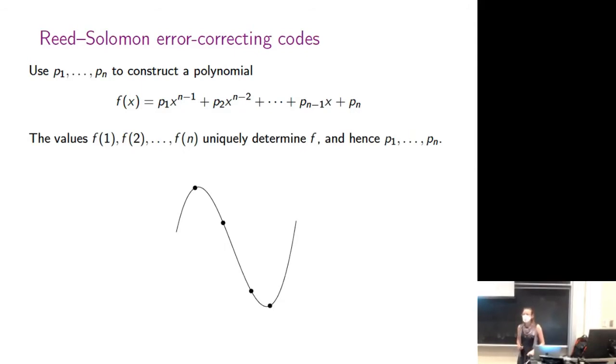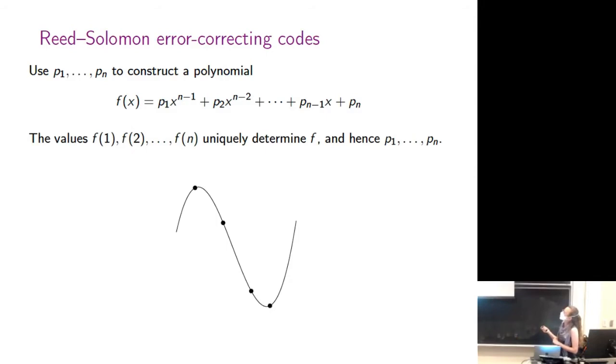So as was pointed out earlier, if I have these n numbers, P1 through Pn, this is what I want to send. I can use those numbers to construct a degree n-1 polynomial just by putting those as the coefficients of my polynomial. Everyone with me? I just make a polynomial.